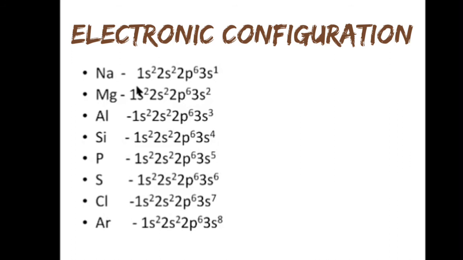Aluminium 13 electrons 1s2, 2s2, 2p6, 3s3. Likewise, this will be going up to argon 1s2, 2s2, 2p6 and 3s2. And above this, we have to make use of Aufbau principle also. So, this is how the electronic configuration will be.